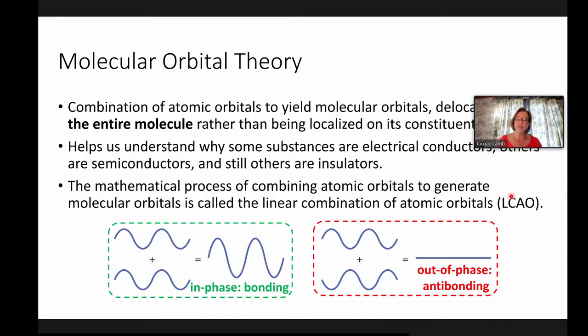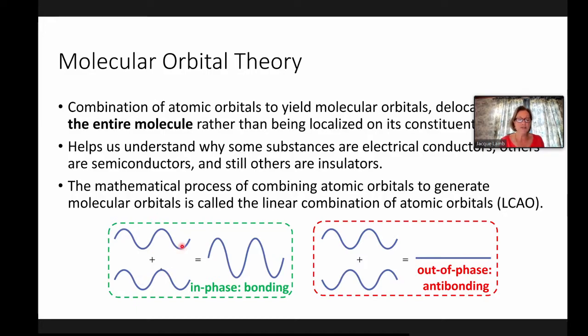What we're talking about in molecular orbital theory is atomic orbitals on neighboring atoms combining through linear combination of atomic orbitals to yield orbitals that are delocalized, not isolated on a particular atom, but delocalized over the entire molecule. It's still a mathematical process of combining wave functions.